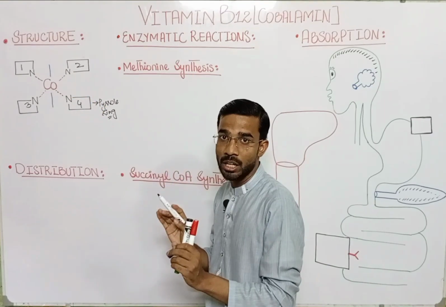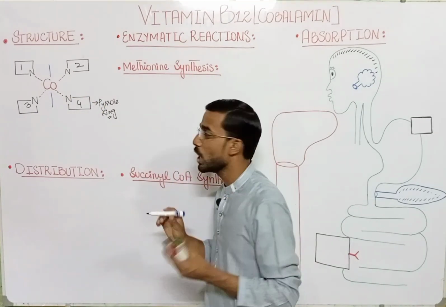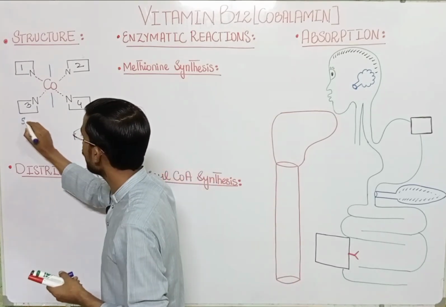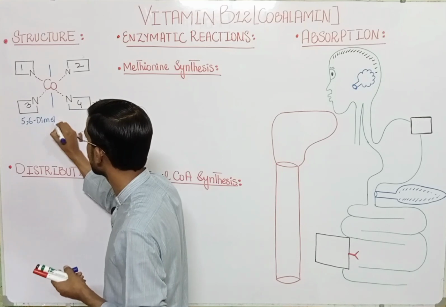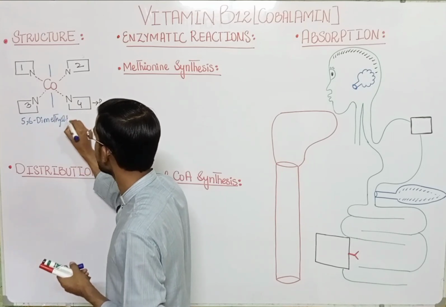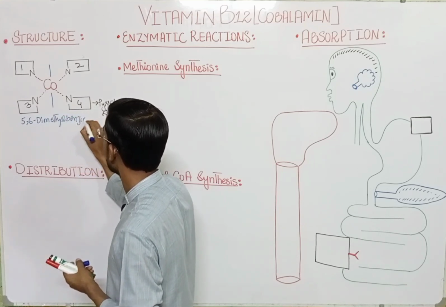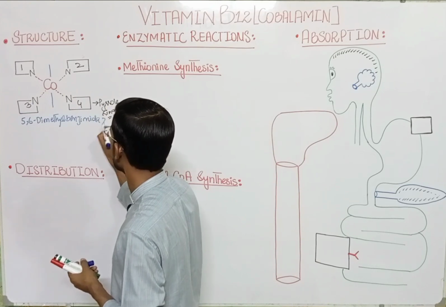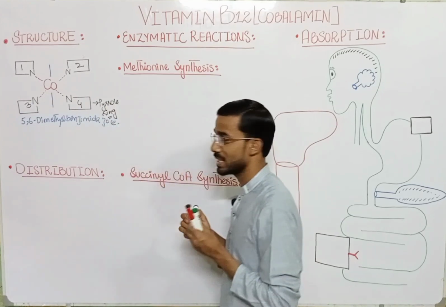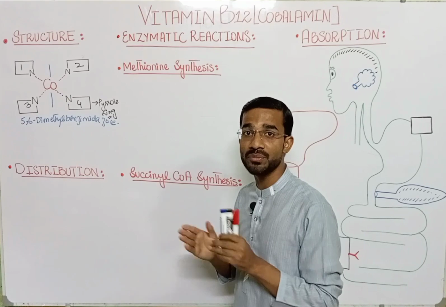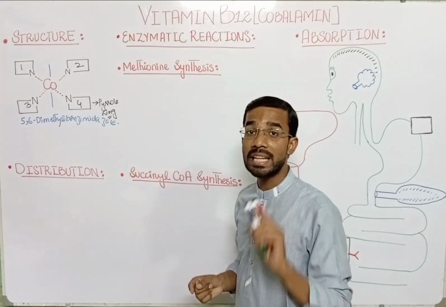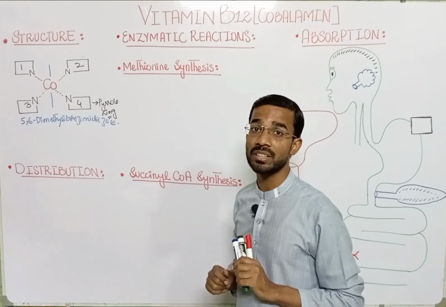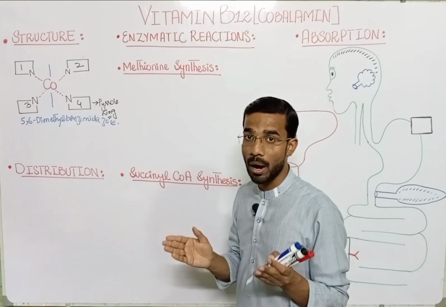On the lower side, cobalt forms a bond with the substance 5,6-dimethylbenzimidazole. And on the upper side, it has the ability to attach to 3 different compounds.